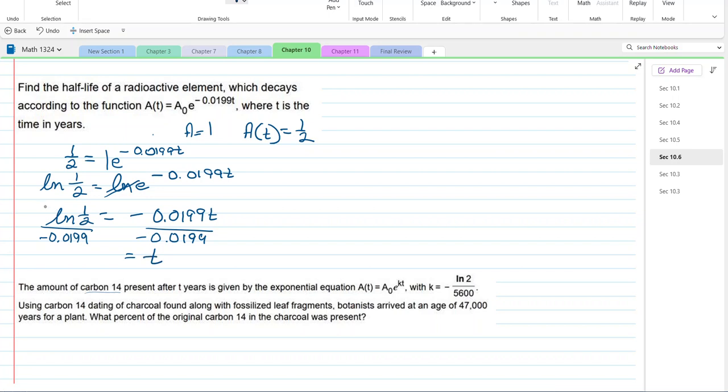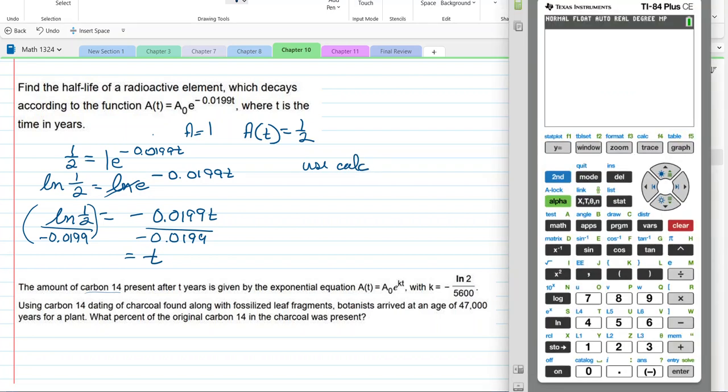So now we stick this in the calculator. We're going to enter natural log of 0.5, close parenthesis, divide, make sure we close the parentheses, negative 0.0199.